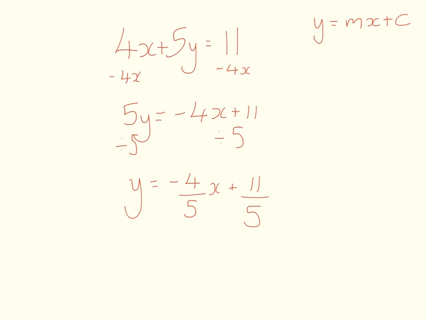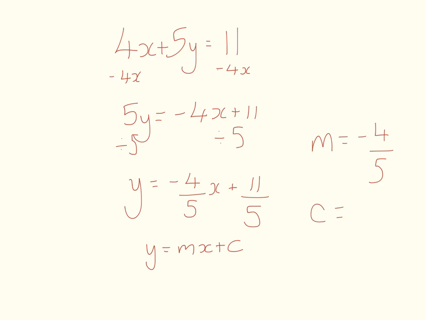And now what I can do is I can compare this to my equation y equals mx plus c, and I can see that the gradient is minus 4 fifths, and c, the y-intercept, where our line crosses the y-axis, is at 11 fifths.